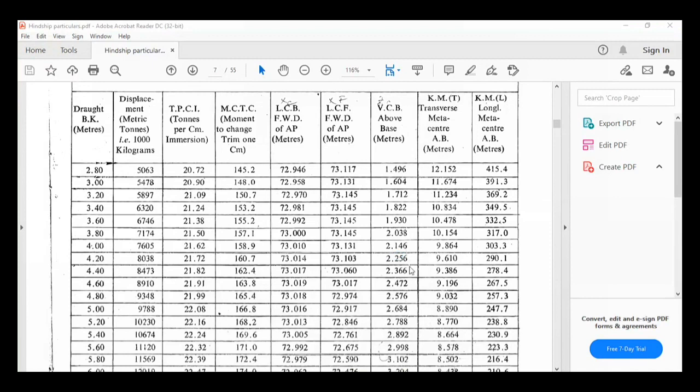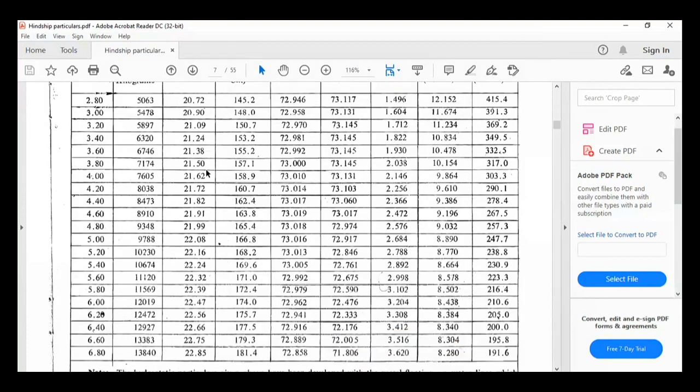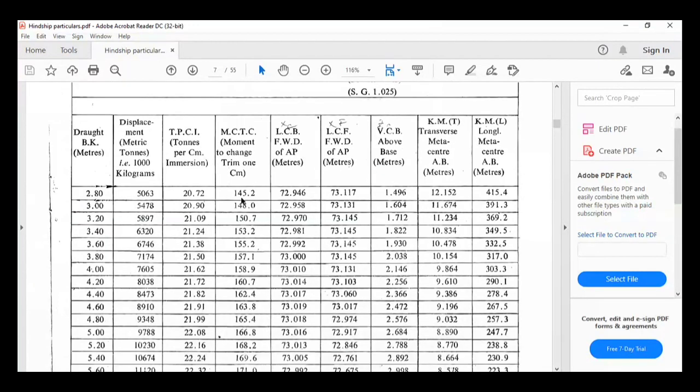So basically now what we are getting onto is, first of all, draft in relation to TPC. As the draft is increasing, we observe that the TPC is constantly increasing. Then we look at MCTC. As the draft is increasing, MCTC is also increasing continuously. Then we look at LCB.